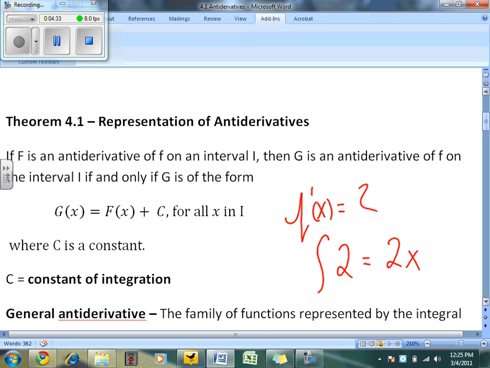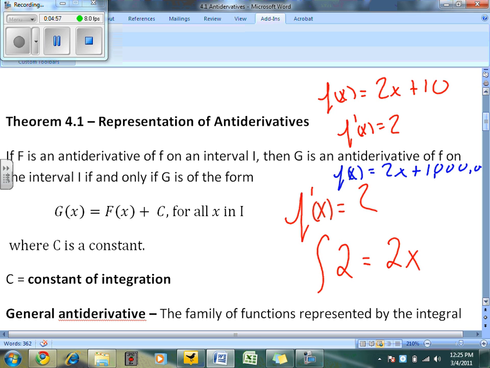Well, if we think about it, I could have had a function equal 2x plus 10. And when I took the derivative, my derivative would be 2. But I could do another one. I could add another function. F of x equals 2x plus 1 million.